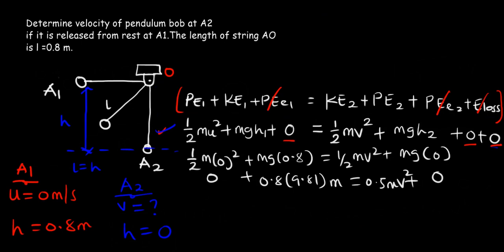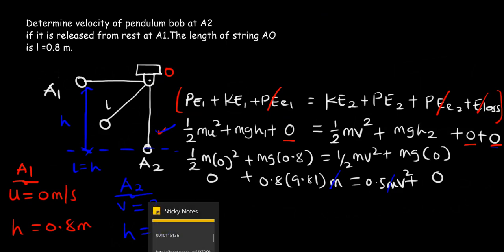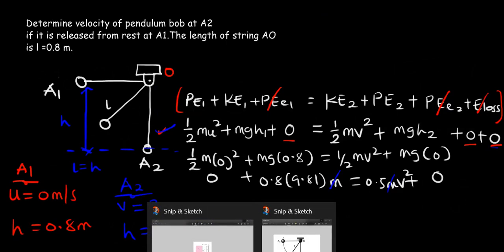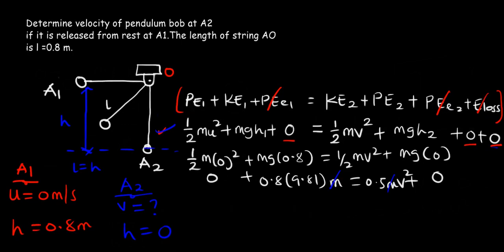At this point, you can see that we can cancel out the mass. This mass will cancel out this mass here. Then we are going to have 0.8 multiplied with 9.81. 0.8 times 9.81 gives me a value of 7.848. Then that will equal 0.5 v squared.